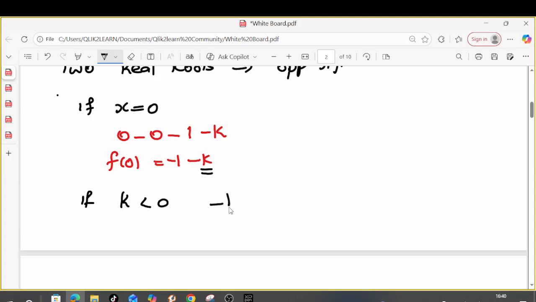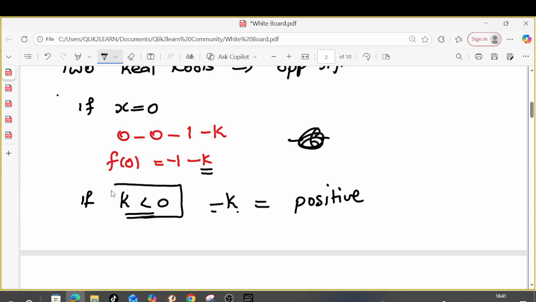What I'm trying to say is, any number that we substitute for k, minus k will be minus inside minus any number, which will give us minus k to be positive. So this tells us that the answer is that k must be less than 0. It's your answer. k must be less than 0.